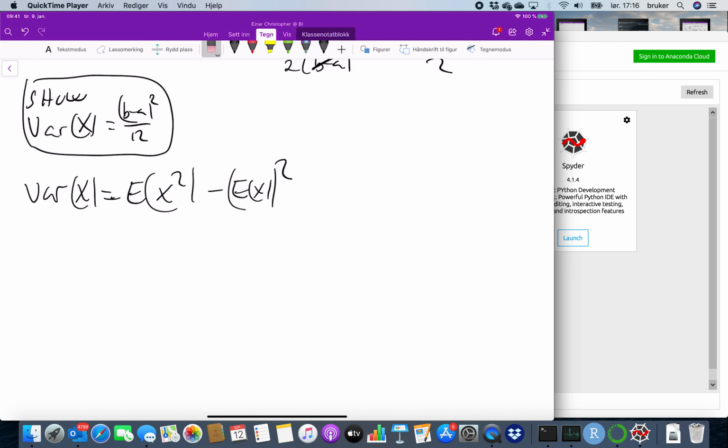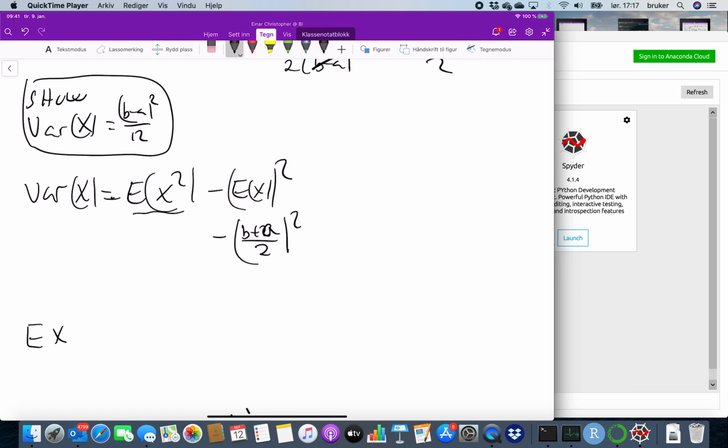And we already know this last term because the expectation of x is b plus a divided on 2, so this one is b plus a divided on 2 in the power of 2, but we have to find this one. We don't know that one. So then we have to calculate it.